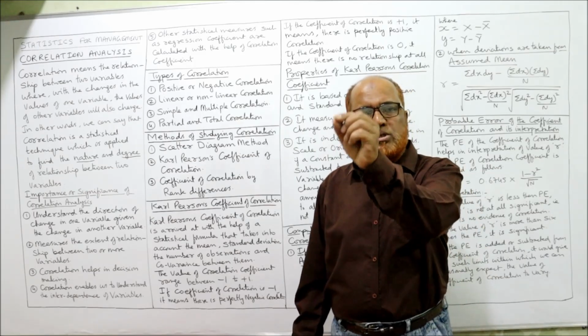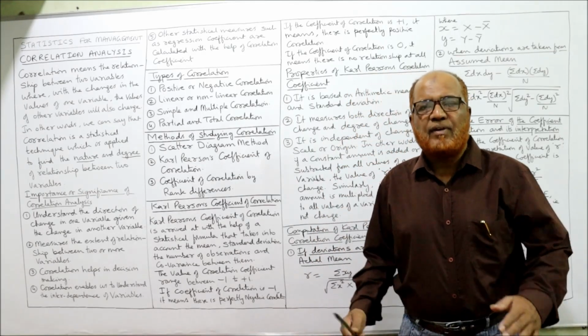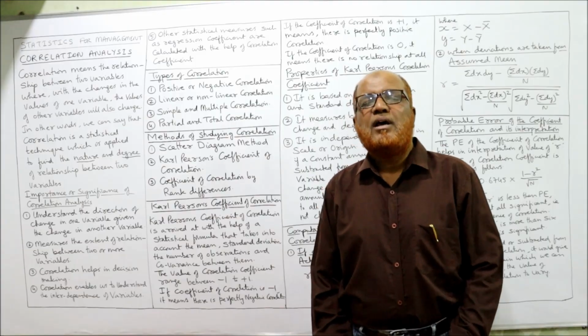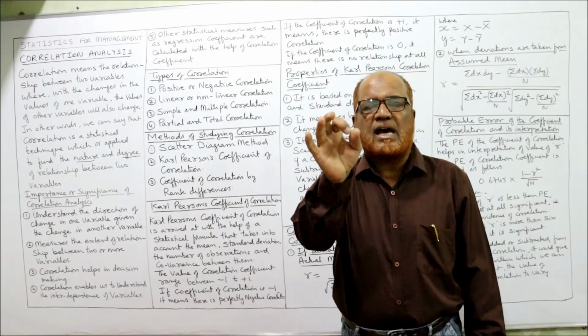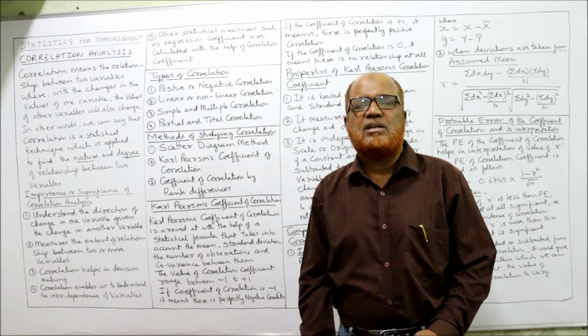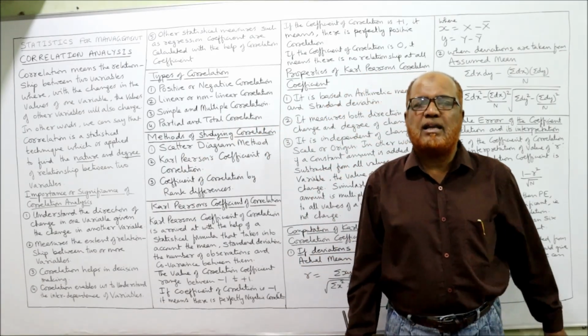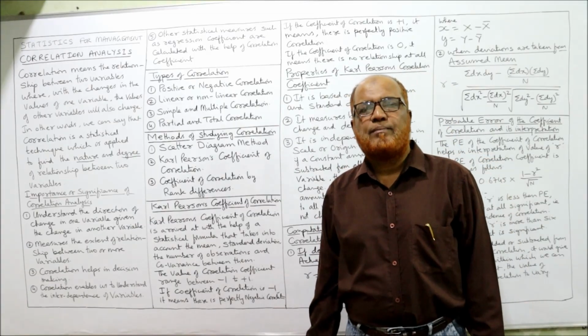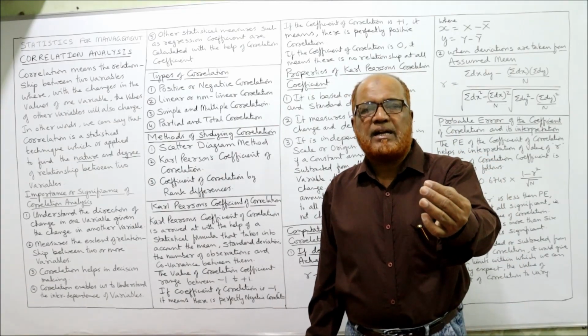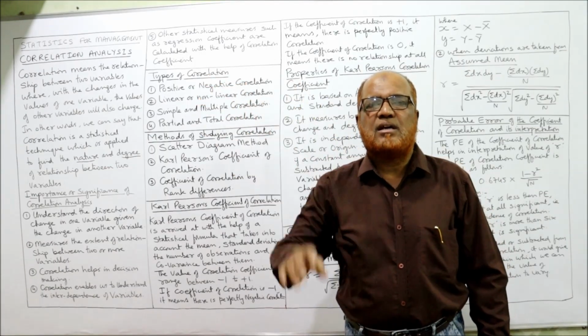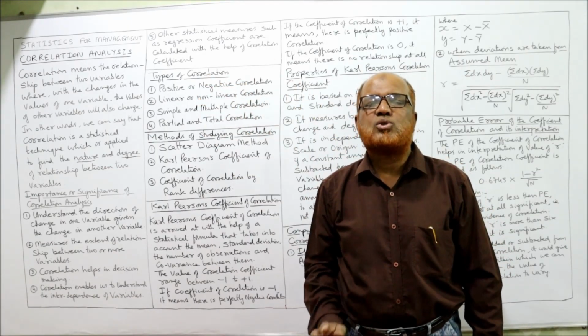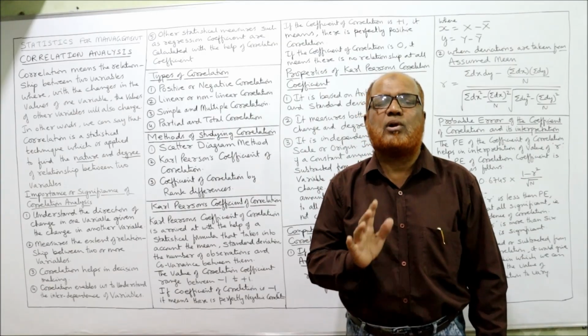And perfectly positive is +1. You get a correlation coefficient of +1 if the percentage change in one variable is exactly equal to the percentage change in the other. For example, when we increase the advertisement expenditure by 10%, sales increase by exactly 10%. It is called perfectly positive correlation.